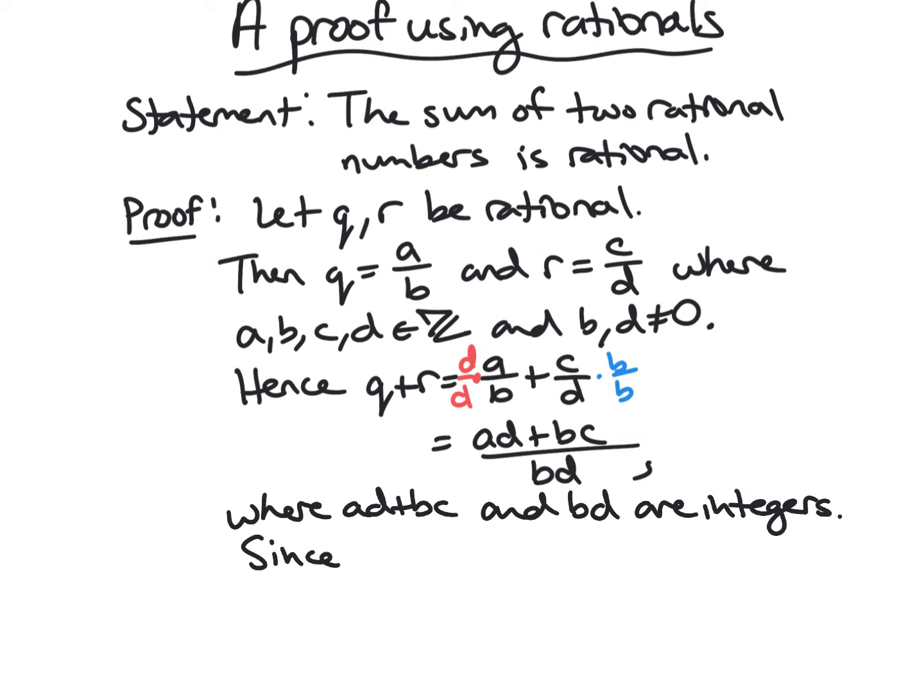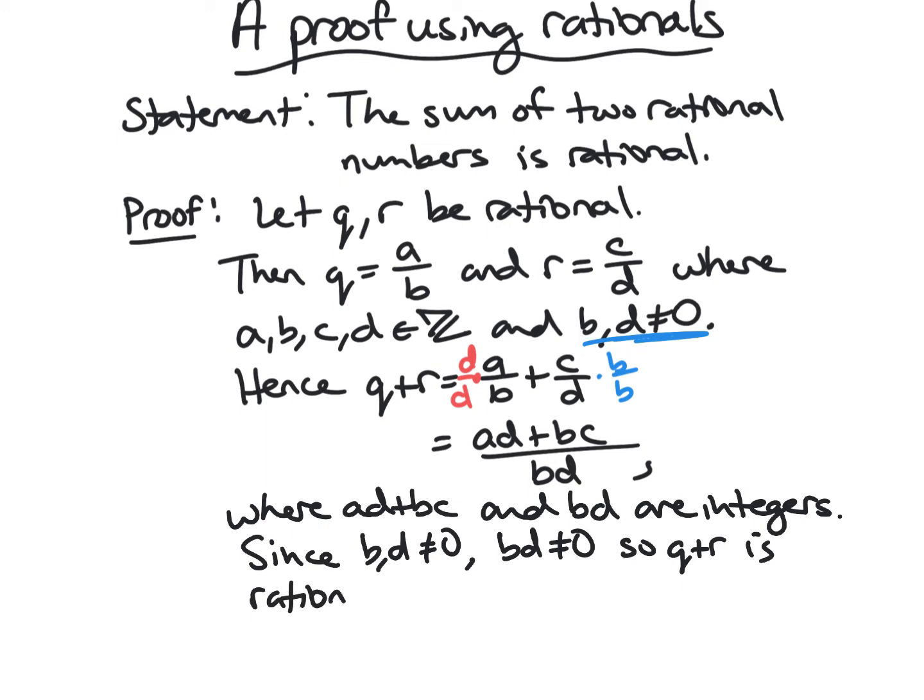So we have integer over integer, but we also need our denominator to not be 0 like we had before. And so since b and d are not equal to 0, their product is also not equal to 0. So q plus r is rational, right? It fits the definition. It is an integer over an integer, and its denominator is non-zero.